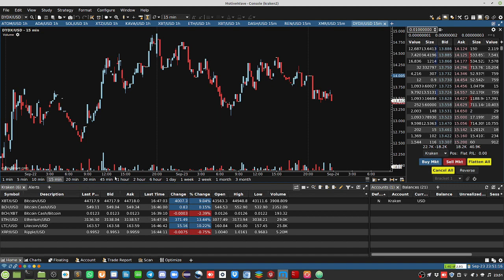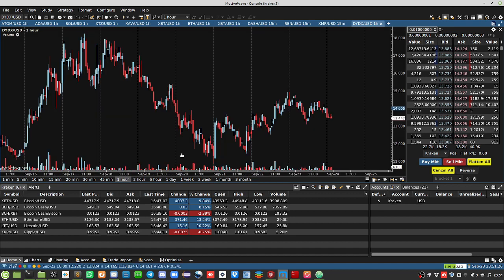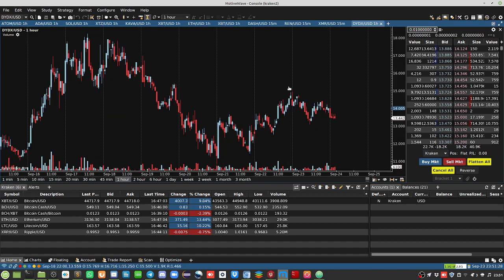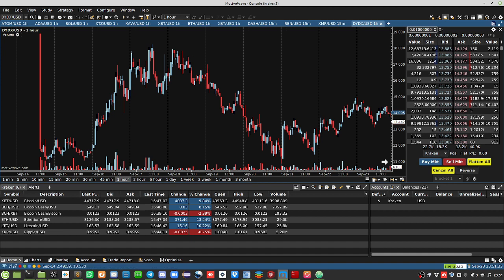This one you can see is very choppy. Just to show you, it's a fairly new coin. As I said, with the extreme moves, you can see those extremes there. Even on an hourly basis, it's just oscillating, and it's really tough to trade these to get any form of trend. So that one, not easy to do.